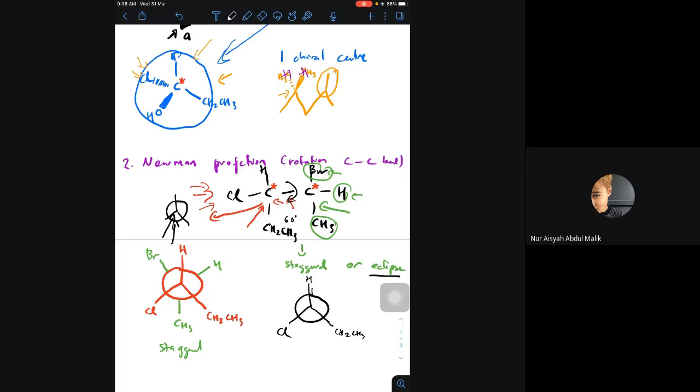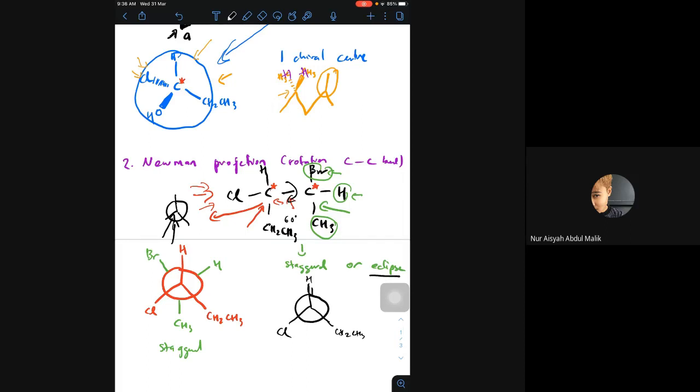The front has a longer length because it is in front, and the back is shorter to show that it is further away from our eyes.